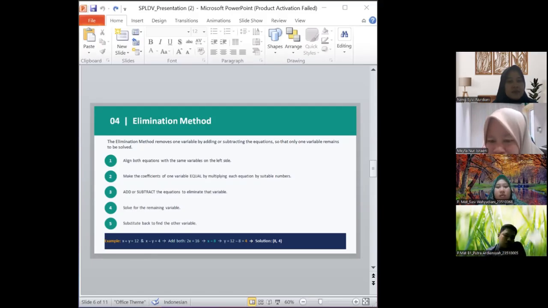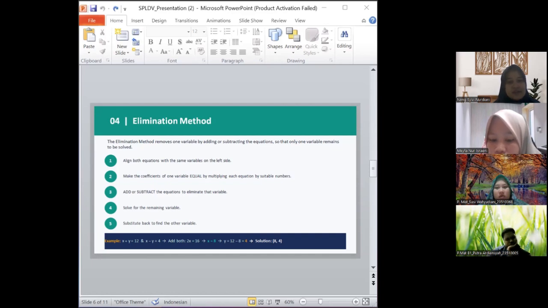Is that clear? Yes, Miss. Thank you for clarifying. Miss, do we also need to write the example solution or just the steps? Both, Putra. Write the steps and the example solution. That way you will have a complete reference for your practice. Ready to begin?